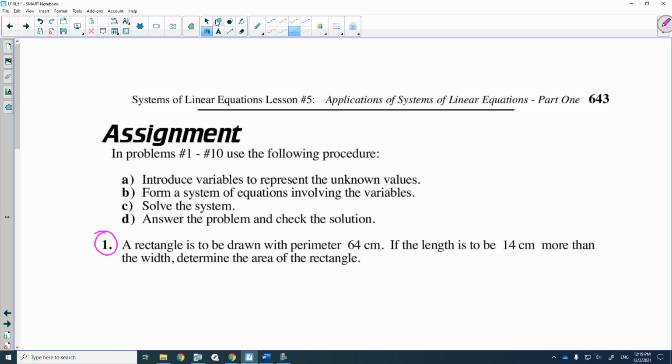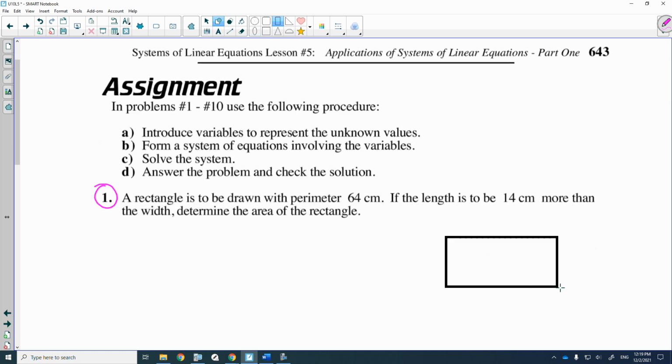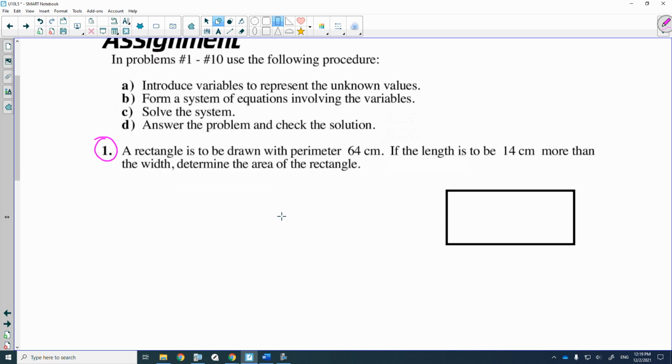Okay, number 1 is the rectangle one. So get your rectangle drawn. You need 2 systems. See if you could figure out, like, what it should be is once you've done one of these, you should be able to set up the other ones. First system.